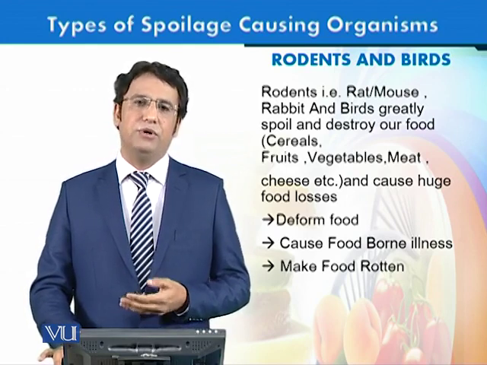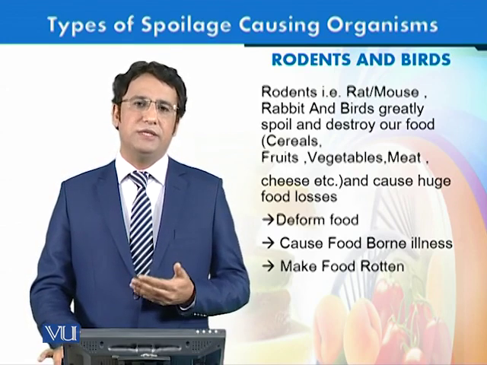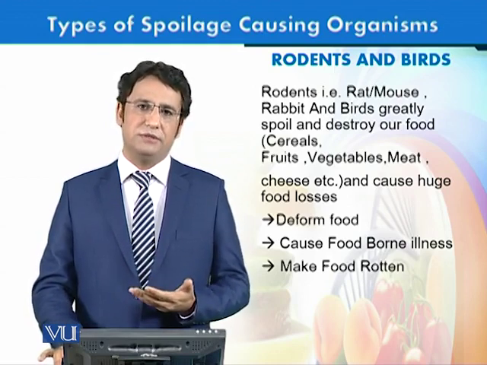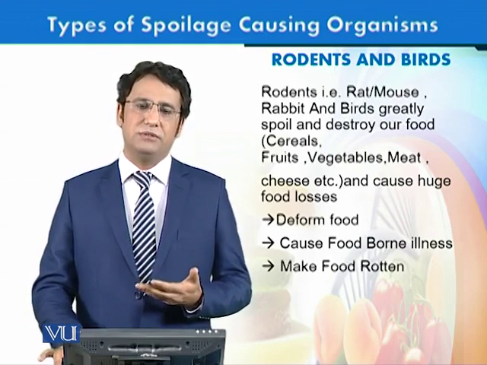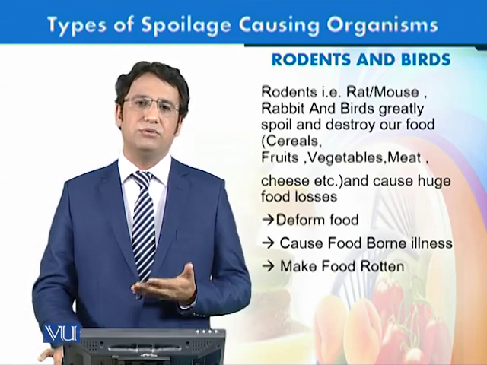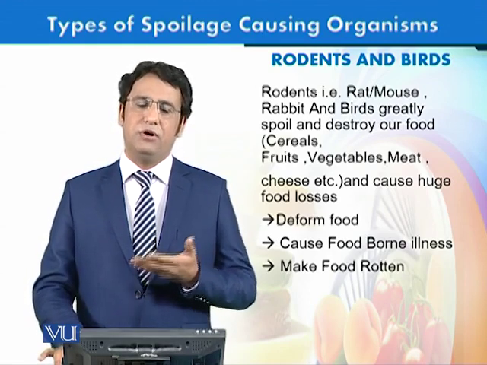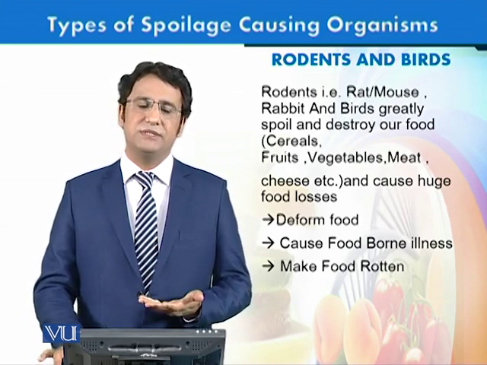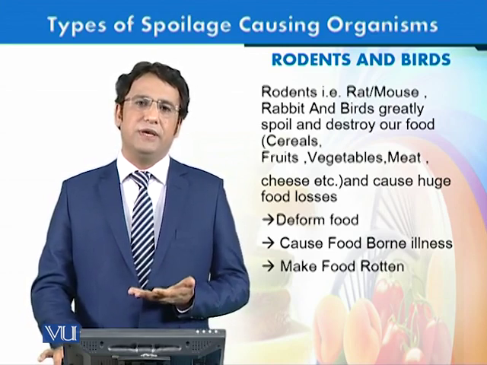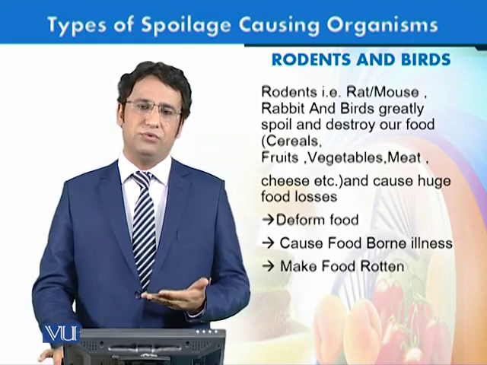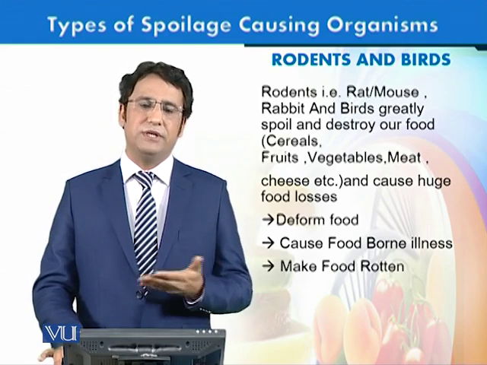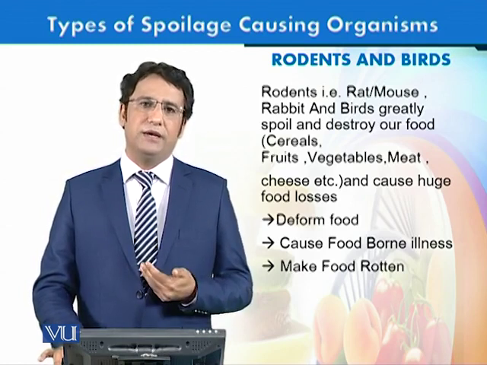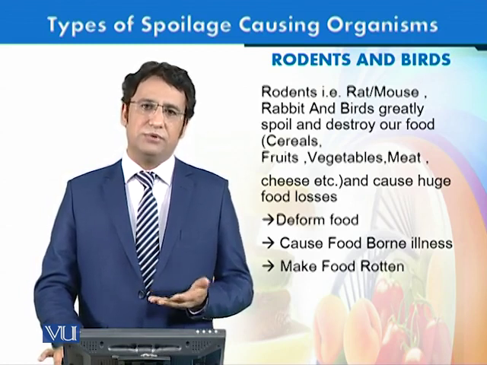They can make food rotten in a way that when these birds or rodents attack food, they might be carrying certain microorganisms or pathogens or spoilage microorganisms. So not only do they deform the food, they can act as carriers as well. And the same is true for insects, because while feeding on our food, they transfer and transmit pathogenic microorganisms and other spoilage microorganisms to the food.